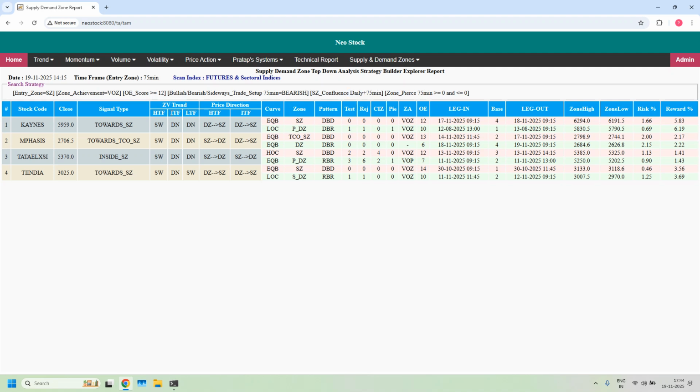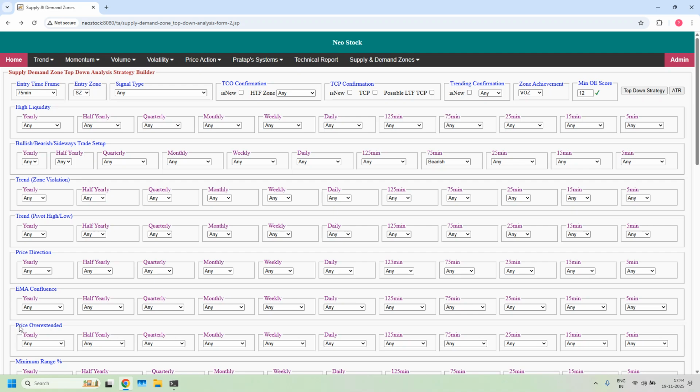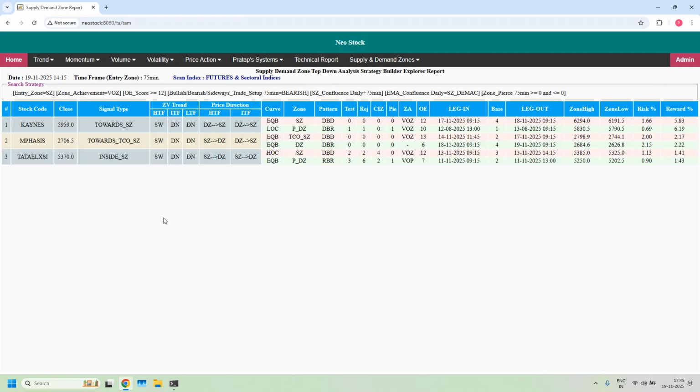And daily trend, ITF trend is a downtrend in all the stocks. Again I am applying the filter, EMA confluence, daily supply zone having daily EMA confluence. 3 stocks are filtered. So these 3 75 minute supply zones might be having more high probability to get success, provided lesson 20 checklist items are satisfied, otherwise higher chances of zone violation.